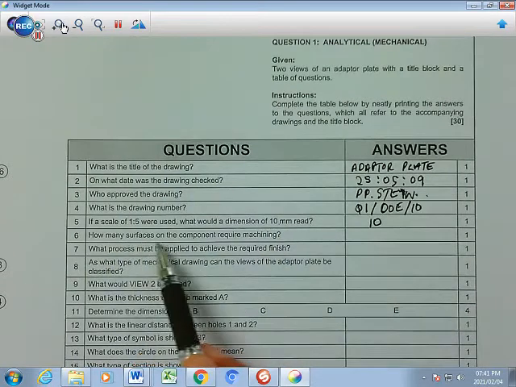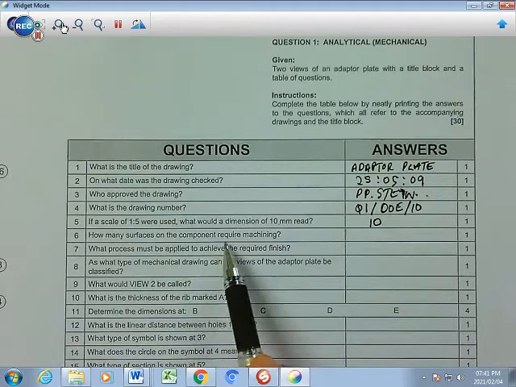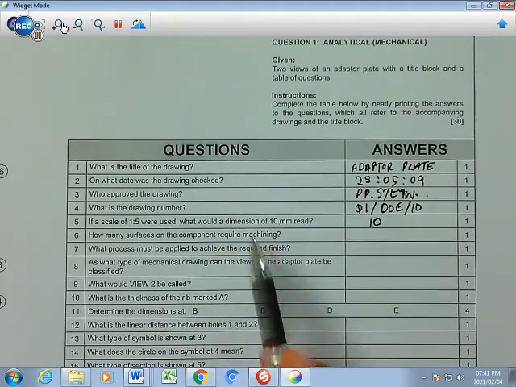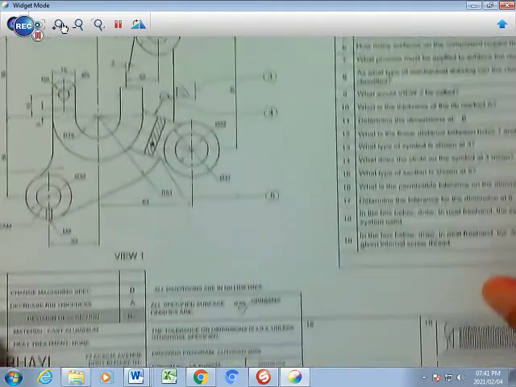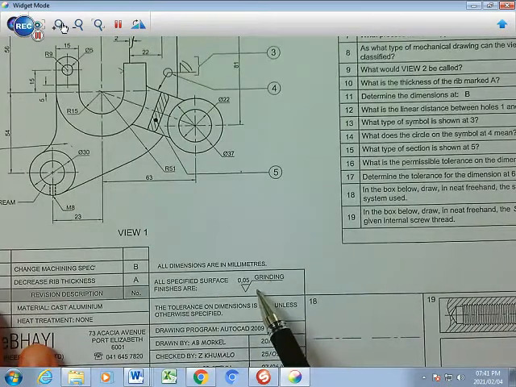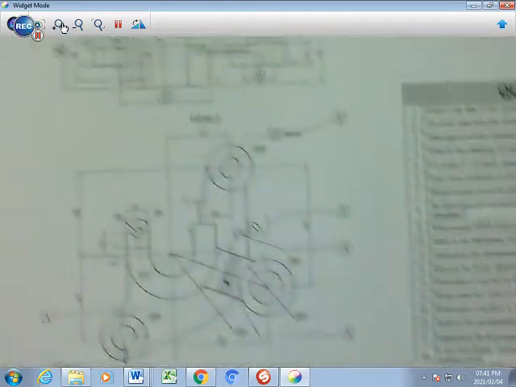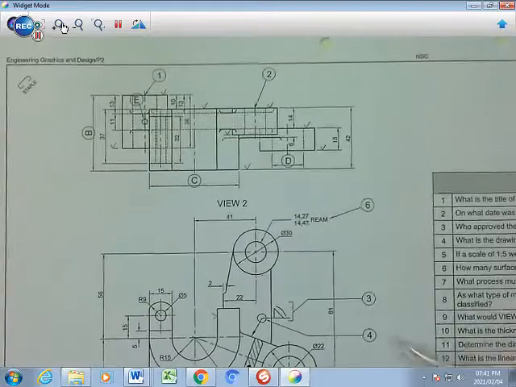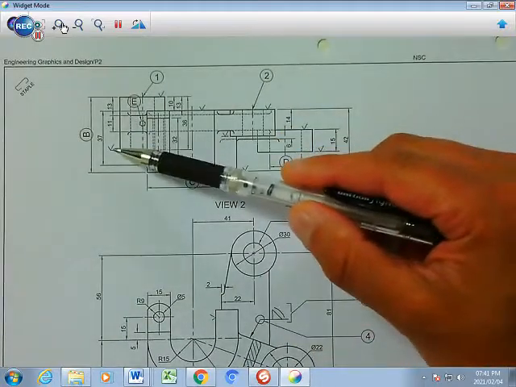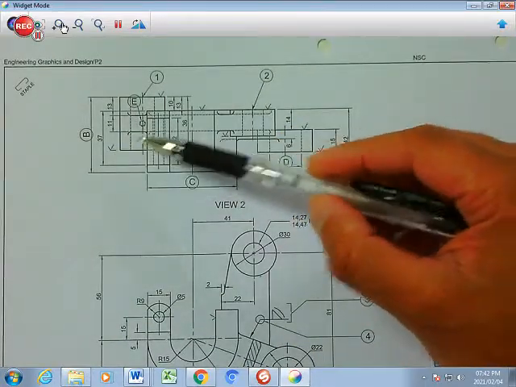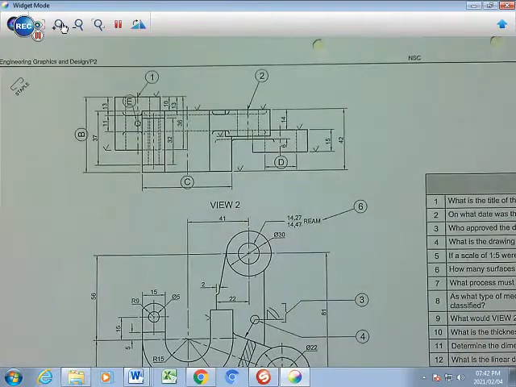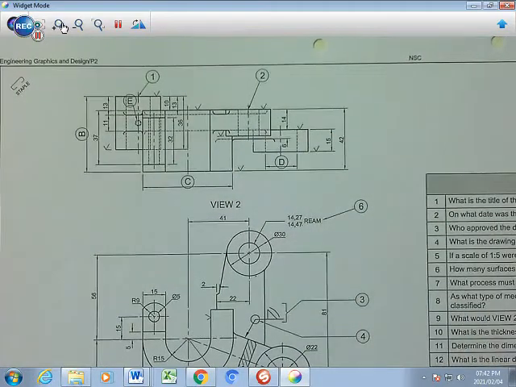How many surfaces on the component require machining? So you're going to go and you know for a fact that that is a machining symbol, but you need to find that symbol on your drawing here. So you need to find how many times does it appear. So I'm going to count, and I want you to count basically with me.